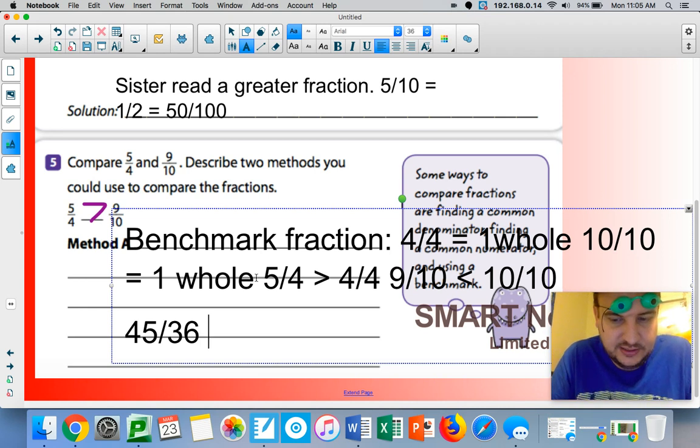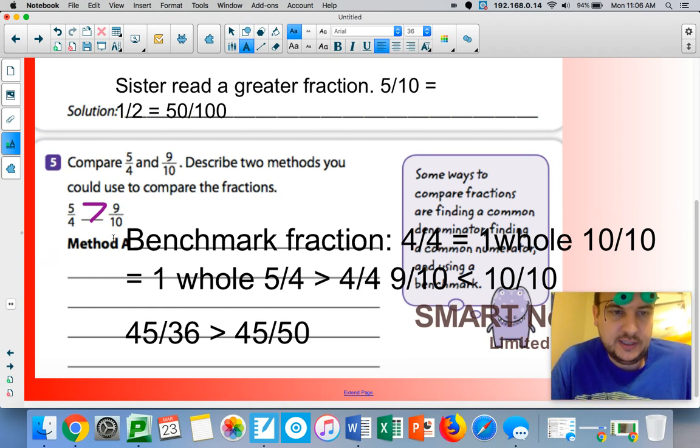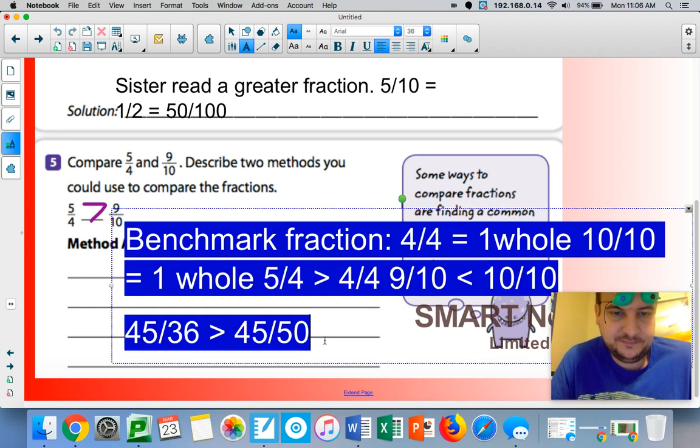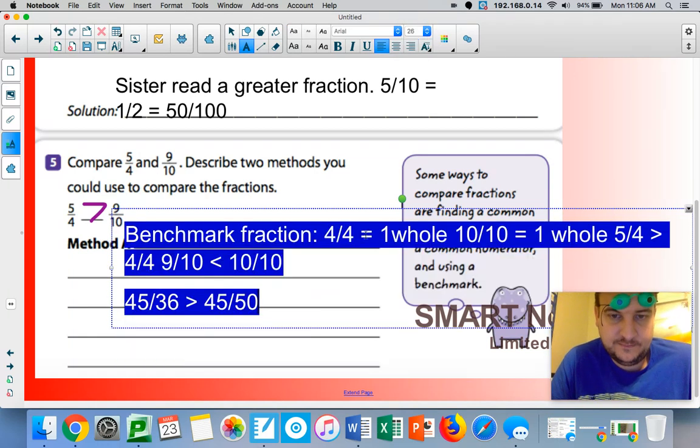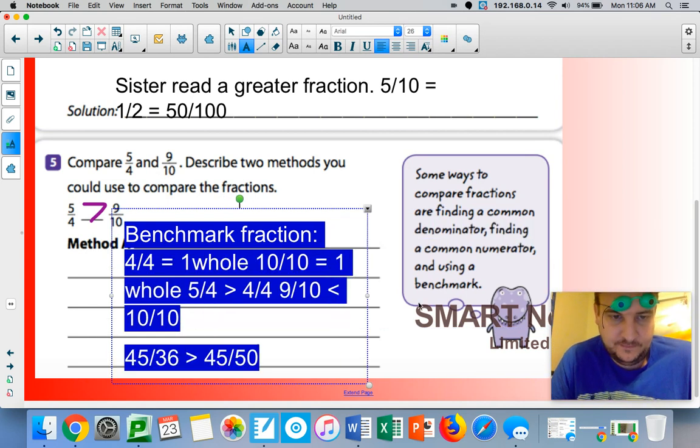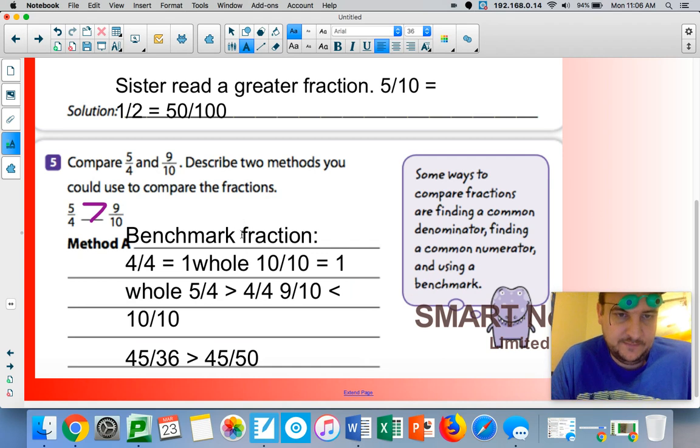And 5 times 9 would be 45 over 50. When the numerators are the same, I look for the smaller denominator, which is 36. Okay, so that works. Worked it out. Let me shrink this down.